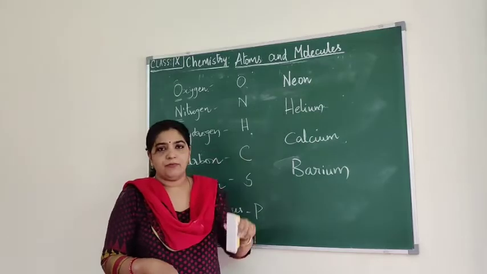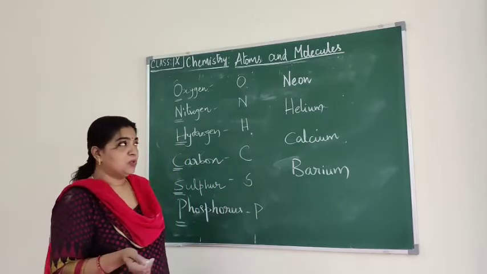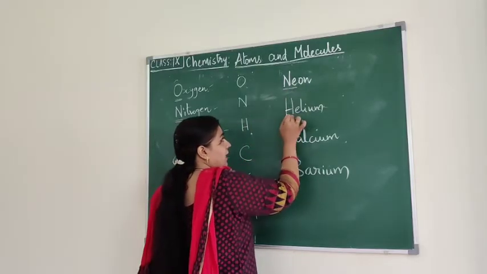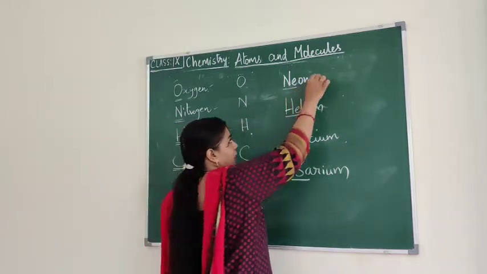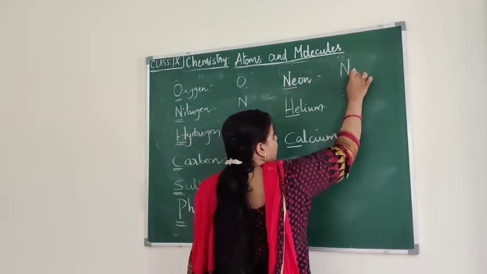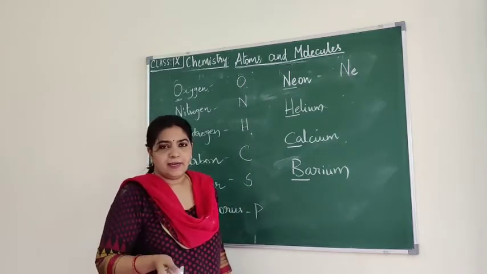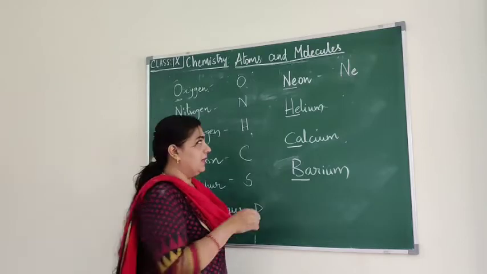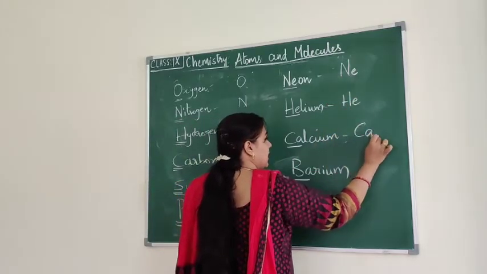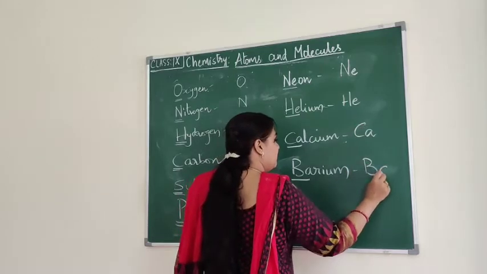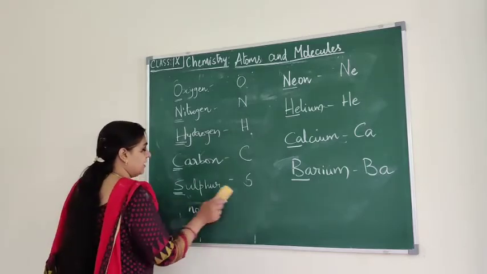Again, we cannot use N for neon. So what we do is we take the second letter also. Now the symbol for neon is Ne. Always the first letter will be a capital letter and the second letter should be a small letter. Next is helium, He. This is calcium, Ca, and this is barium, Ba. So that is taking the second letter.